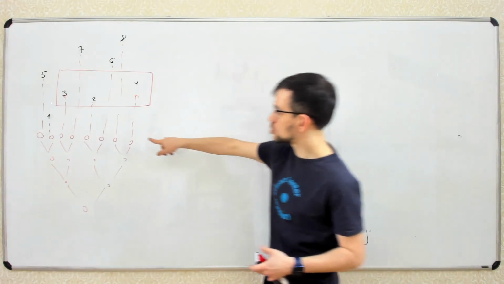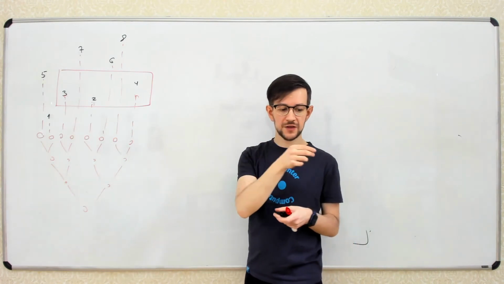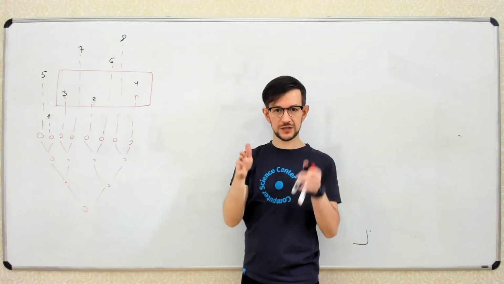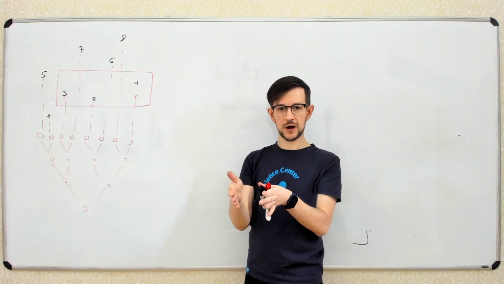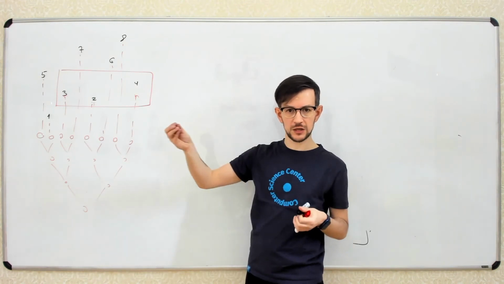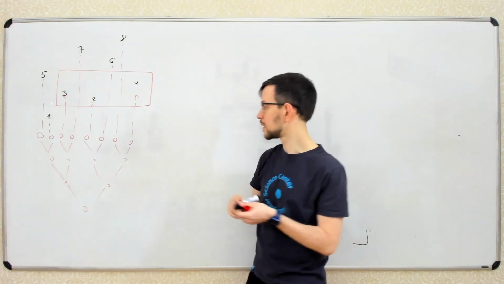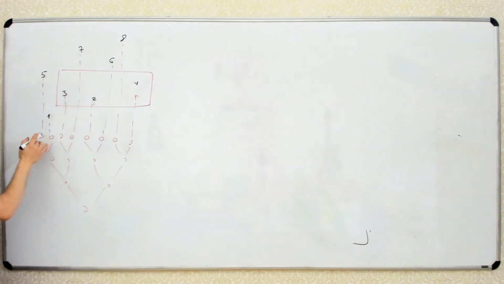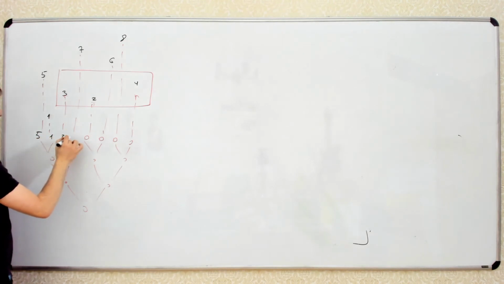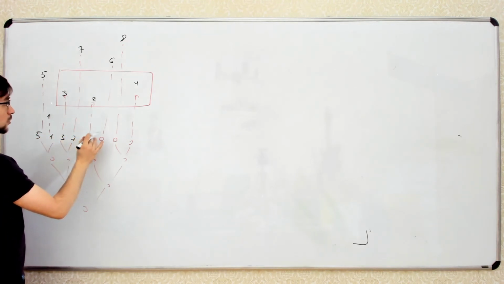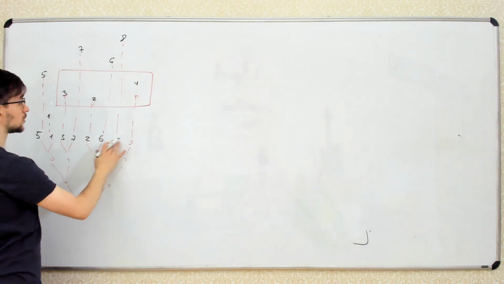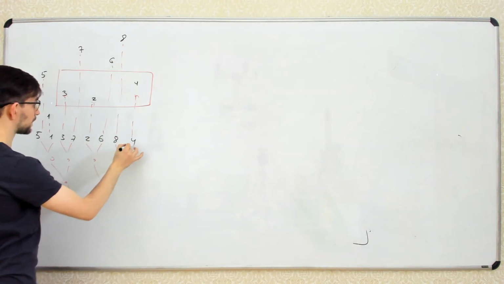So in each node, we will maintain the list of all points inside this segment by x coordinate, sorted by the y coordinate. Here we have the root list of 8.